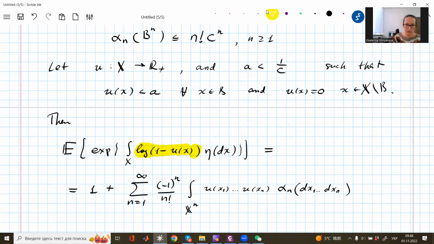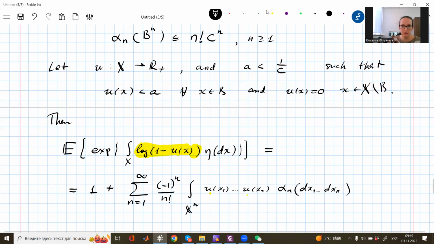But if we take the logarithm of 1 minus u, then we can represent this expectation like a series of the product of the functions u with respect to the integral with respect to factorial measures.